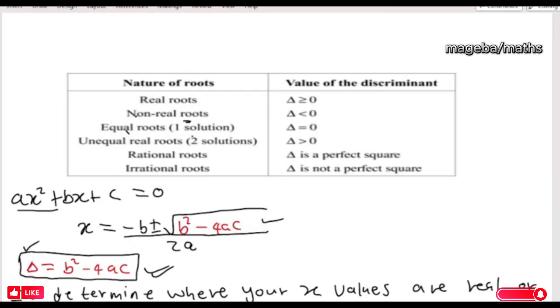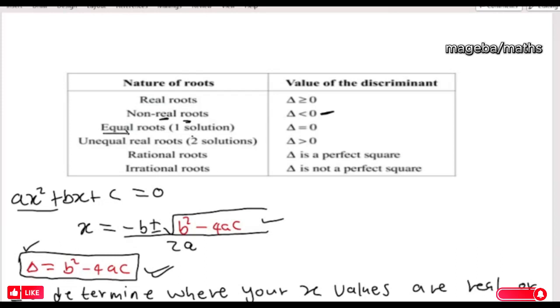Now if it's non-real, delta must be less than 0. Remember, this delta is under the square root. So if it's less than 0, these are negative numbers, and we don't have a square root of a negative number. So that is going to be non-real.